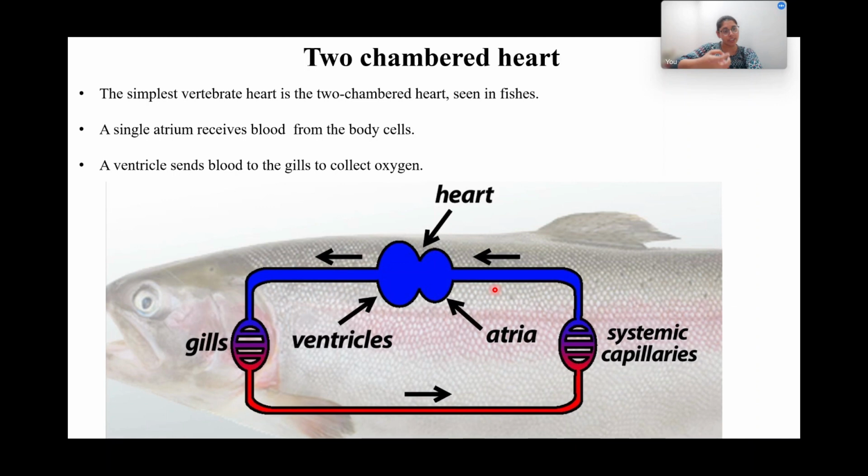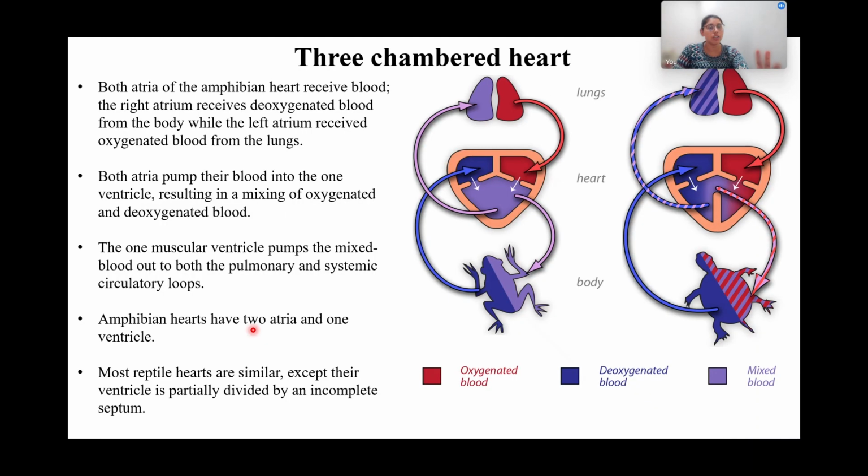We then move to the three-chambered heart, and you can imagine if it is a three-chambered heart, there have to be two components, of course, auricles and ventricles, but one of these components will be present as two, as double. So here we have the atria of the amphibian receiving the blood, and here we have the atrium divided into left and right.